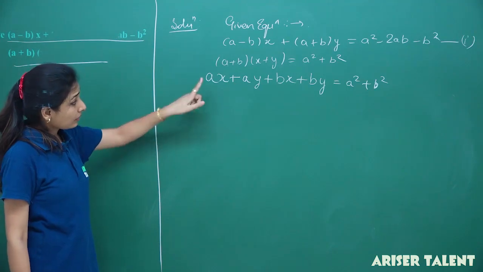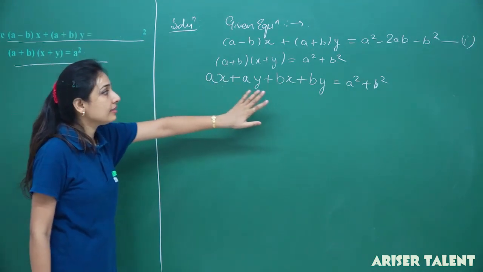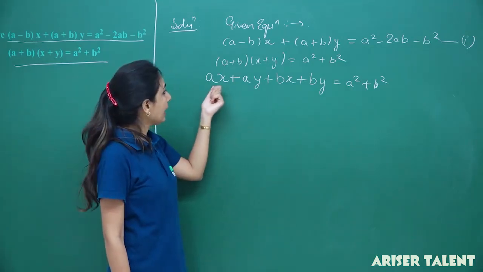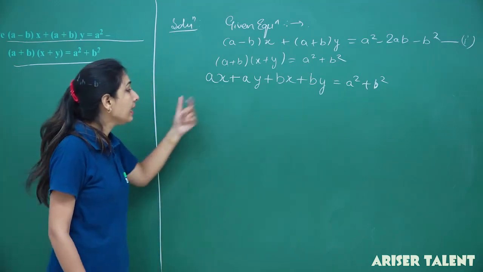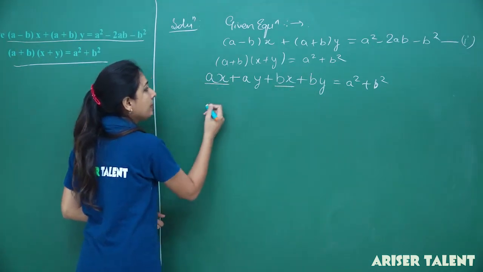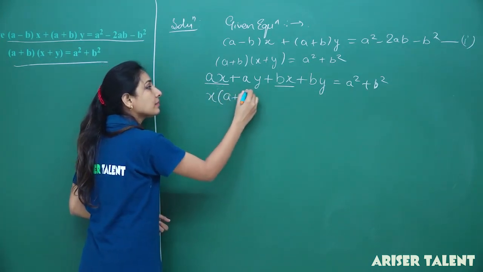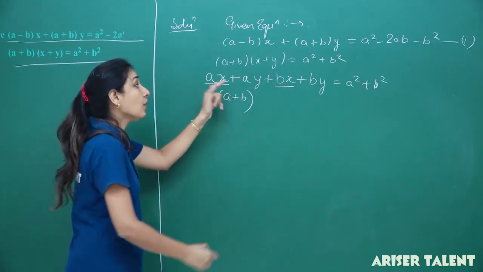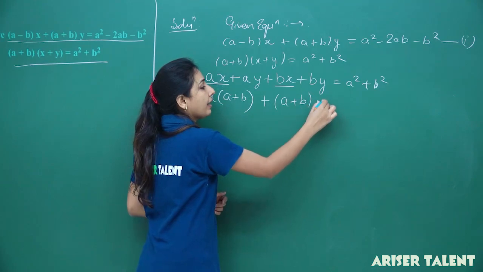Now, what you have to do? You have to separate these x and y. So, you can take common x and common y and then solve this equation. Now, ax and bx will give you x into a plus b. This is done. Now, for y, plus a plus b y. How?